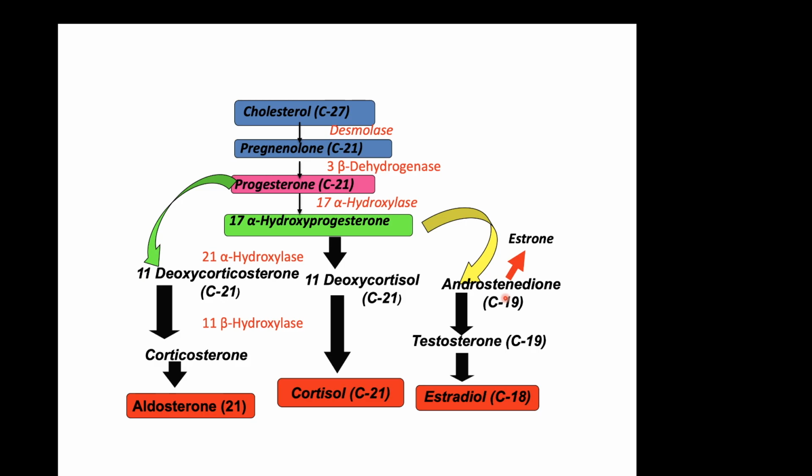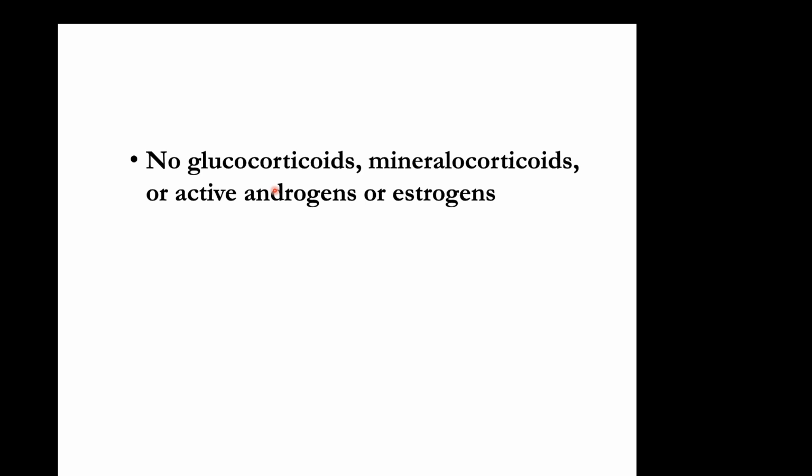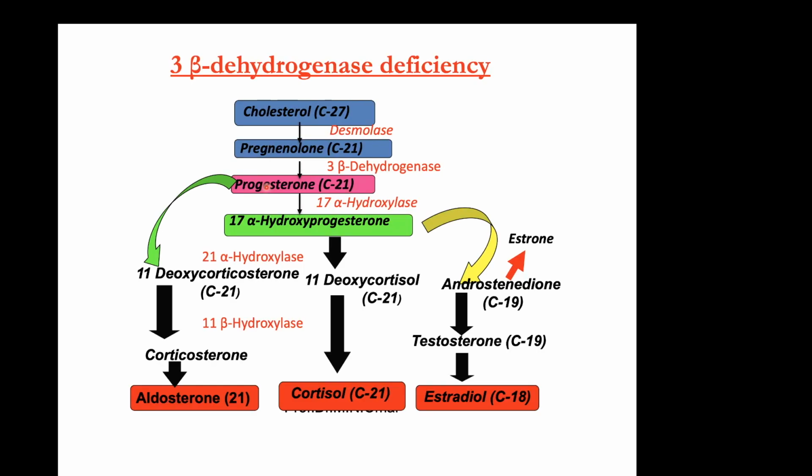But what happens when certain enzymes are defective or deficient in this pathway? For example, in 3-beta dehydrogenase deficiency, this enzyme is deficient or defective. What will happen? There will be increased concentration of pregnenolone, but decreased concentration of progesterone. So no glucocorticoids, as we have seen here.